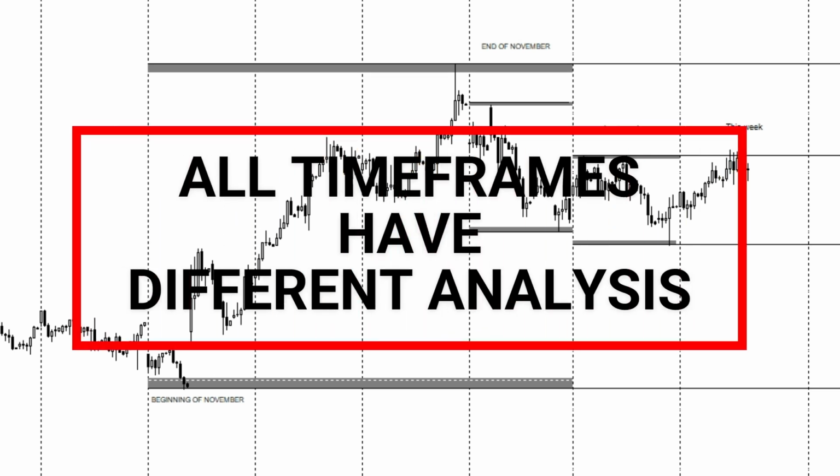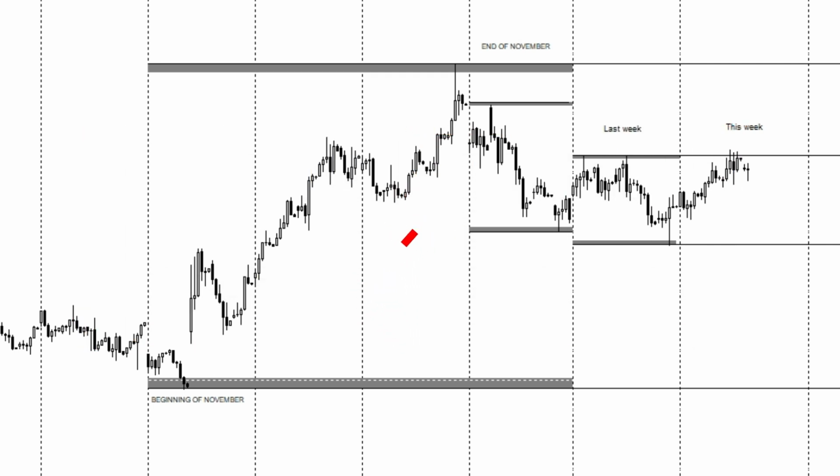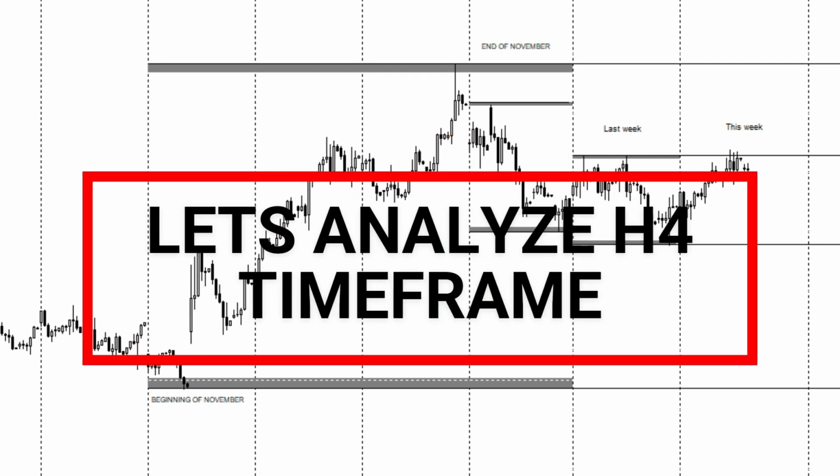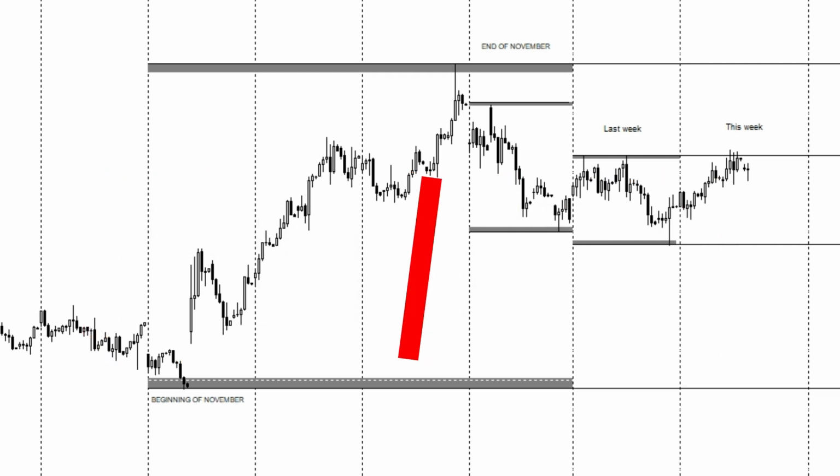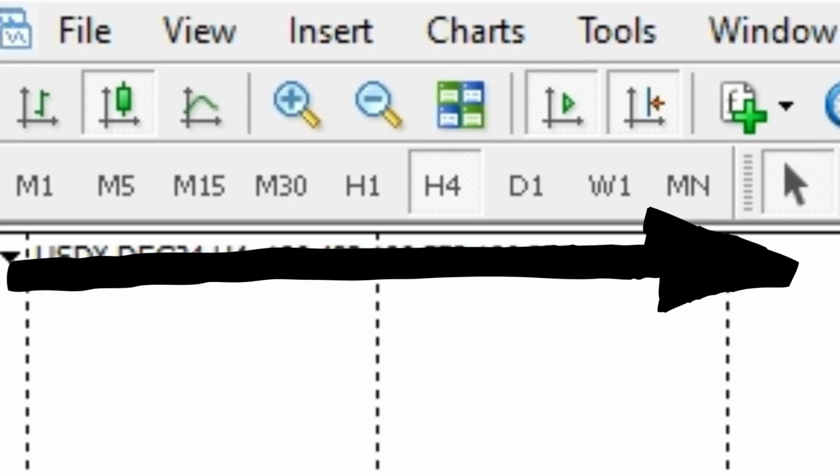So you can see I've analyzed monthly, weekly, daily, H4, H1. All of these pairs have their own analysis. I don't use the same analysis on each and every time frame. Monthly has its own analysis, weekly has its own analysis, daily, and so forth, so you understand how the market works and how the market structure works.